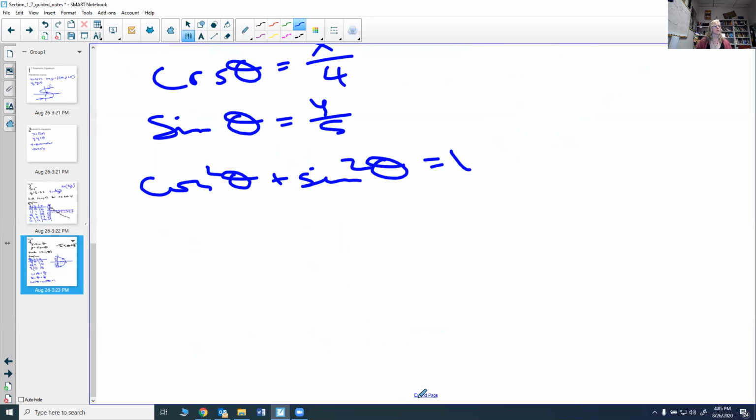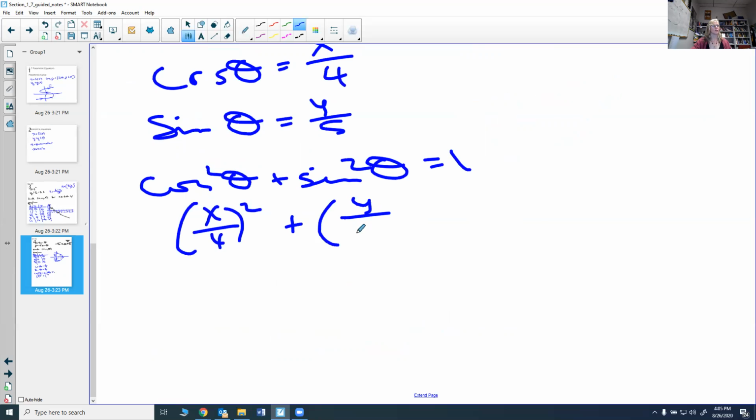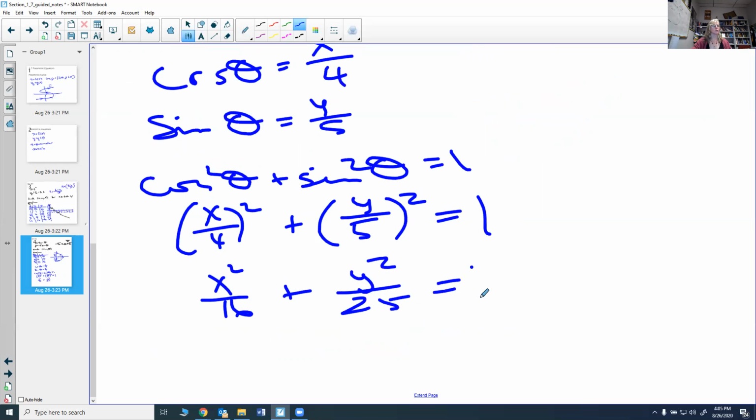So cosine squared would be x over 4 squared, and sine squared would be y over 5 squared, equals 1. So you get x squared over 16 plus y squared over 25 equals 1.